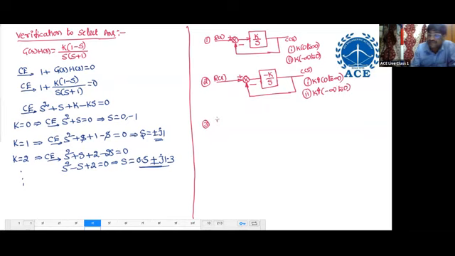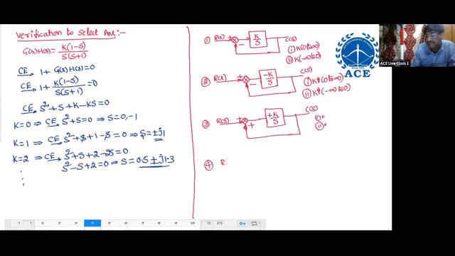Third case: R of S, plus K by S, positive feedback. Again 2 cases as it is.